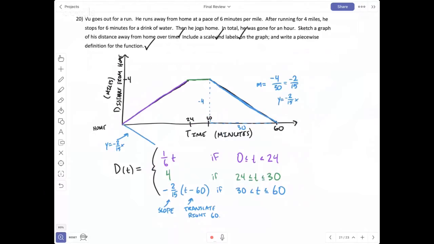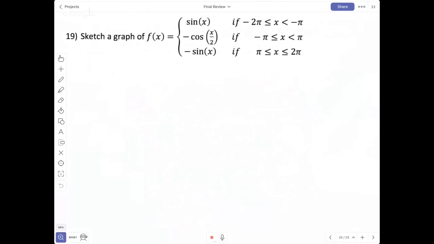If there are no further questions on VU's exciting trip away from home, I will move back to this other piecewise graphing problem. It says sketch a graph of the function f of x equal to, on the domain negative 2 pi less than or equal to x less than negative pi, sine of x.